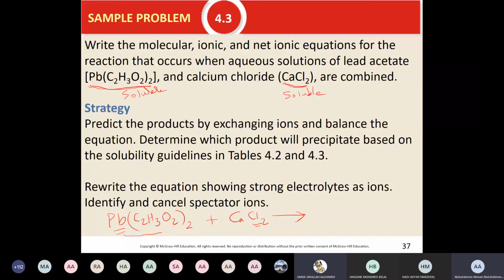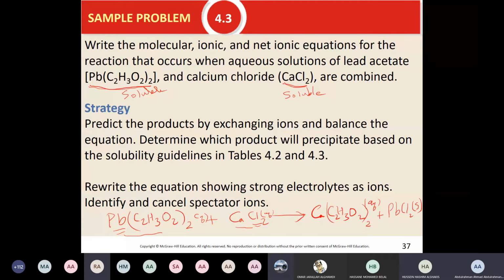We're going to have what? The lead will react with the calcium: Ca(C2H3O2)2, plus what? This is aqueous also. And plus what? PbCl2, solid.